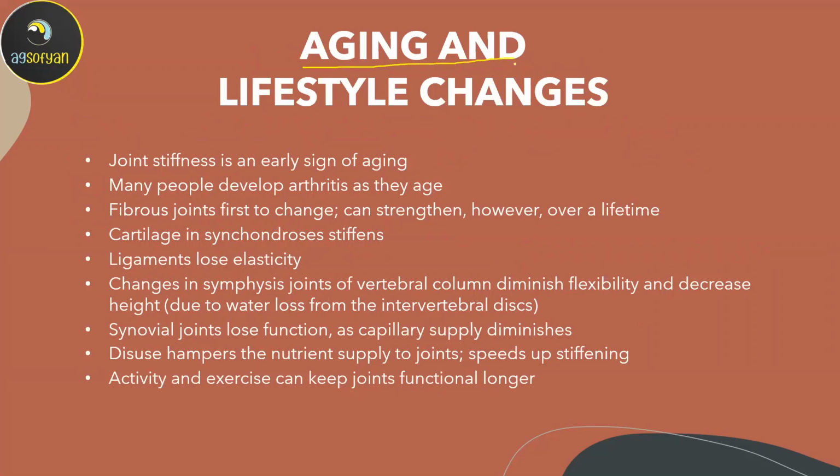Aging and lifestyle changes. When we get older, there are some problems with the joints, like joint stiffness. This is usually the early sign of aging, so it is more difficult to move in some joint areas.